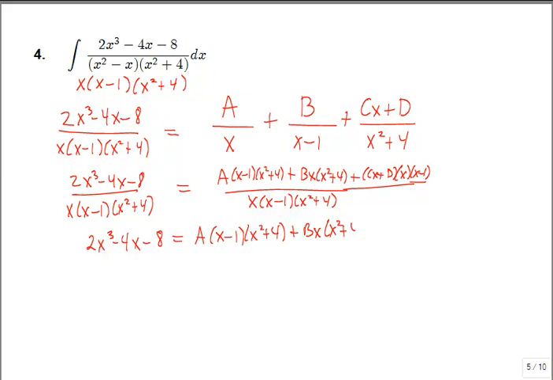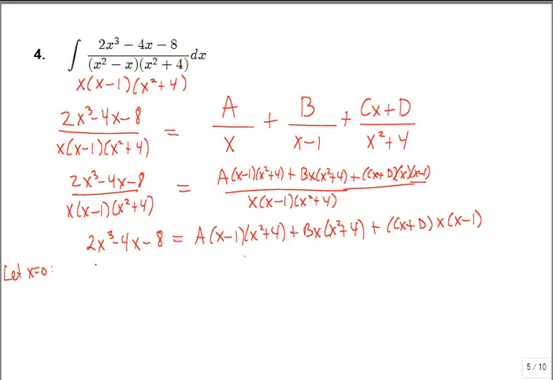So sometimes these can be quite tedious in terms of all the algebra that it takes to solve for your A, your B, your C, and your D. So if we try to use the same strategy that we did on the last example, what I could do is look at my factors here and find out what would make those factors go to 0. So what would make x go to 0? Well, just 0. So let's choose x to be 0 and see what that gives me.